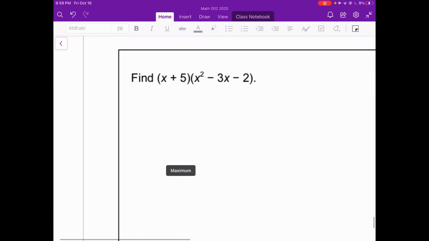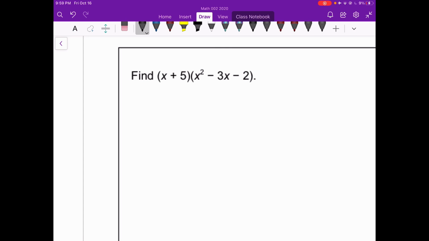This one's a little weird because it has a trinomial in it, but it's the same exact thing. You take the first person in the first group and you distribute it to all of the terms in the next group. So x times x squared, since now there's 3 of them, it's x cubed. X times negative 3x is negative 3, 2 of the x's, squared.